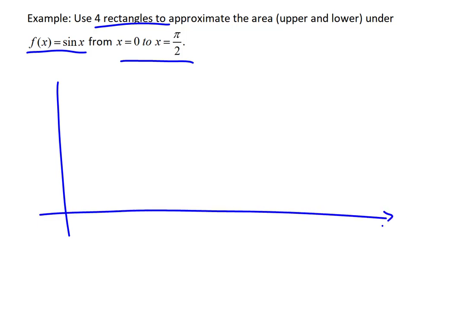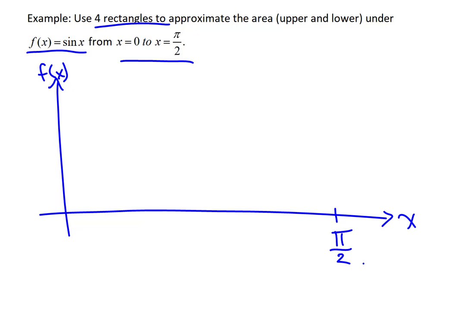We'll draw a basic quadrant 1 graph where we have an x-axis horizontally, an f of x-axis vertically, and we have the function and the specifications for how to set this up. We want 4 rectangles, and they give us the boundaries, from x equals 0, well that's the y-axis, to x equals pi over 2. So let's go down a little bit on the axis and throw down pi over 2.